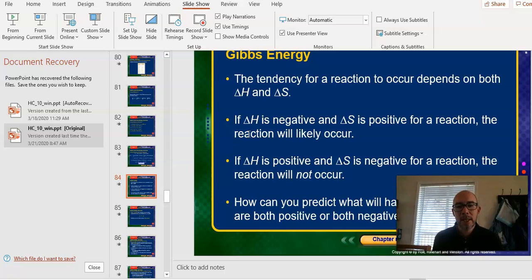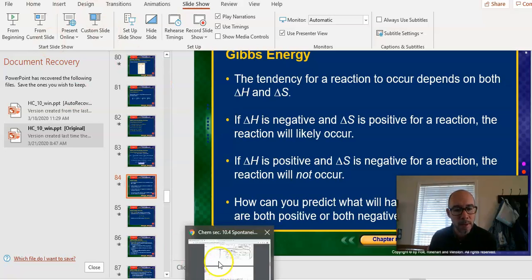So we're looking at the tendency for a reaction to occur depending on both delta H and delta S in that equation. Delta G equals delta H minus T delta S. And we start thinking through the steps of that, right? We're going to think about how that's going to work.